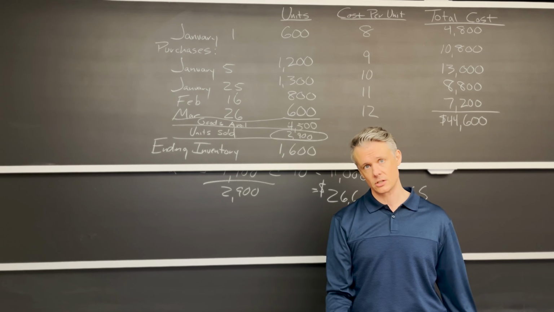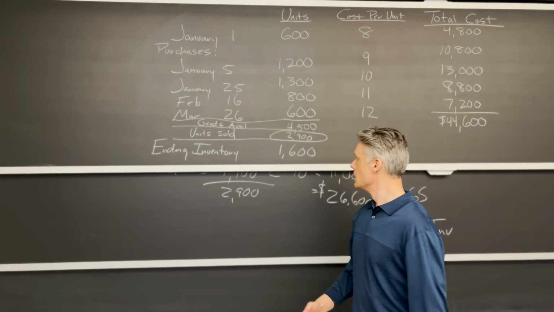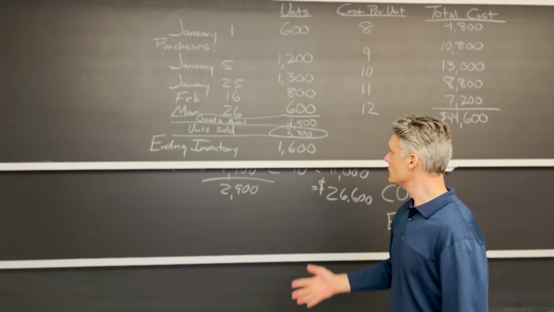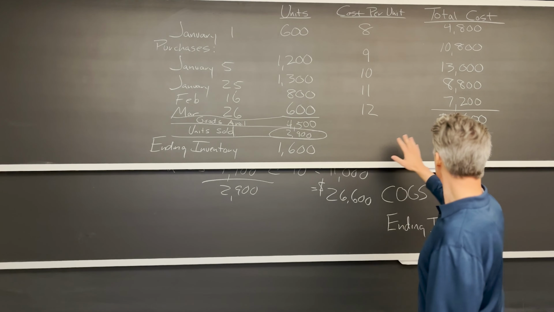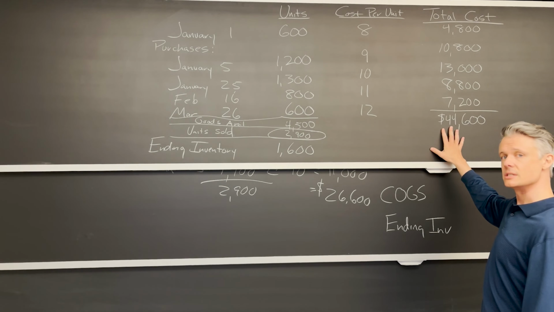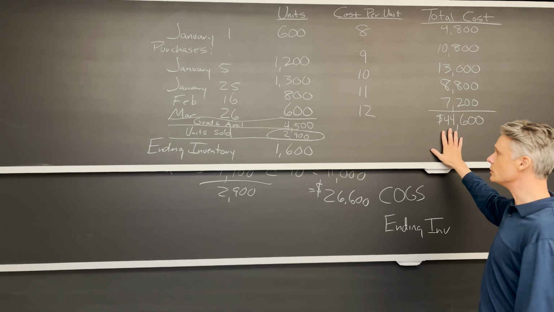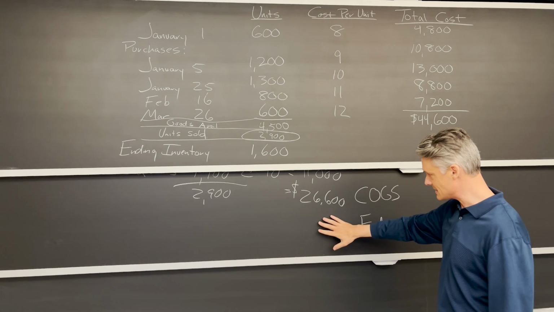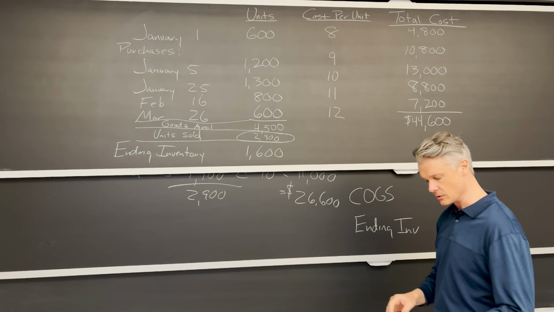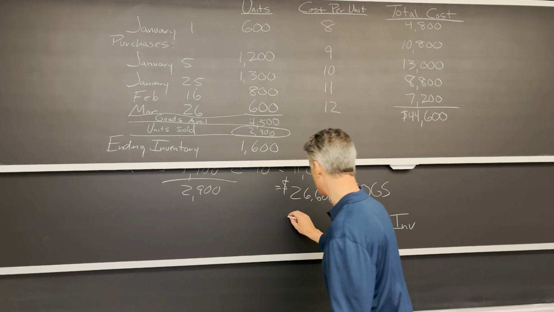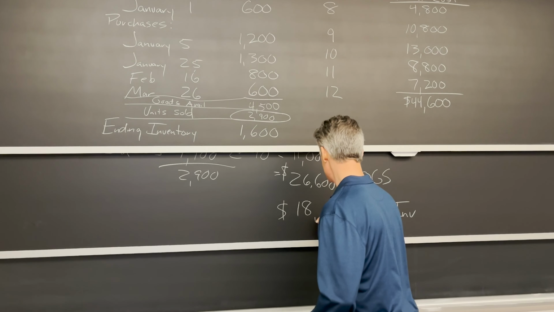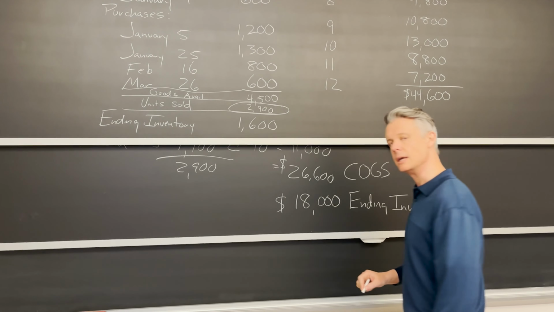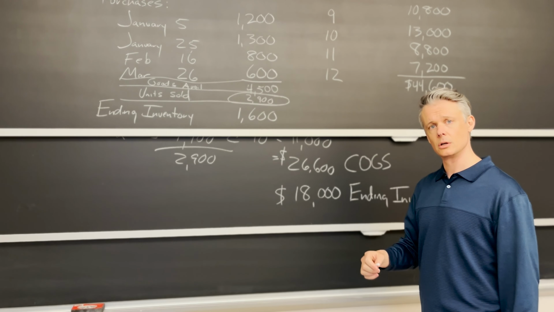And you should do that to check your work. But we can think about it this way. If we have $44,600 of goods available for sale, and we sold $26,600, this leaves us with $18,000 in ending inventory under FIFO.